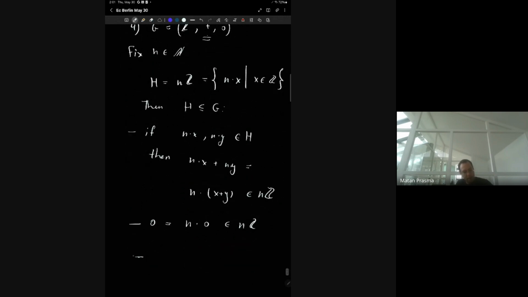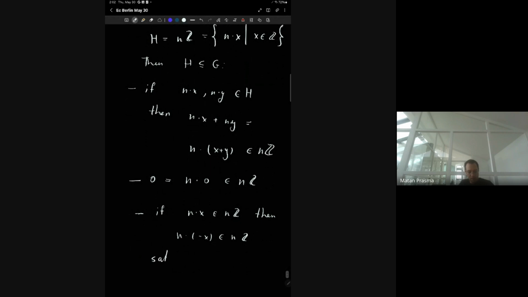And now I want to see that the inverse of an element in H is again an element in H. But this is easy. If nx is an element in nZ, then n times minus x, which is an element in nZ, is the inverse.